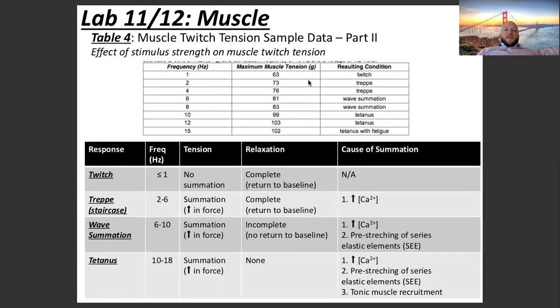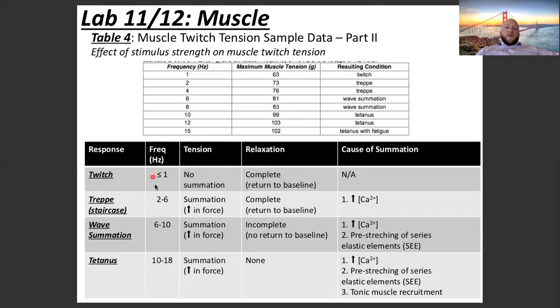So what we're going to see is that there's going to be four distinct kinds of results, four distinct types of these contractions. So twitch is what we saw in the initial part one of the muscle lab, where we have the contraction and then there's a complete return to baseline.